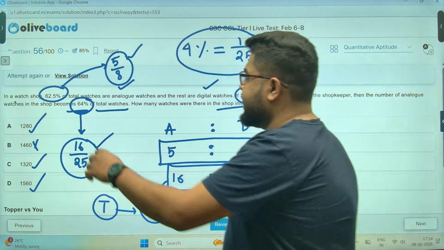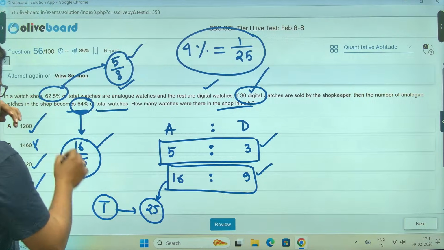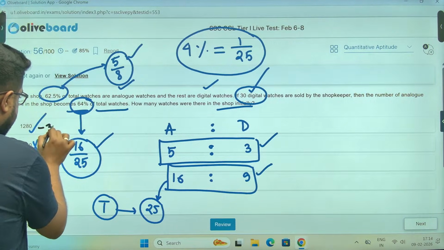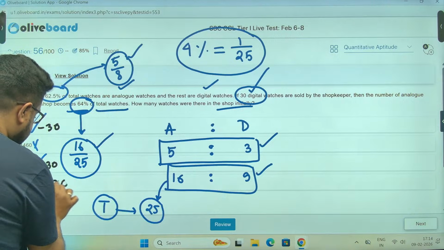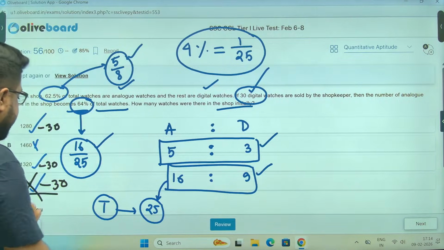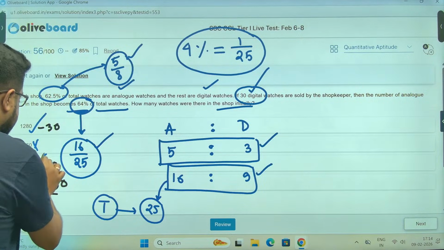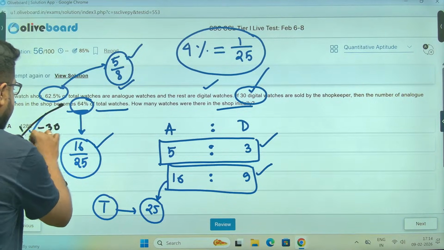Meaning, can I say, if I subtract 30 from the options, it has to be a multiple of 25. 1560 minus 30, it is not a multiple of 25. 1320 minus 30, not a multiple of 25. 1280 minus 30, 1250. Yes, sir, this is a multiple of 25.